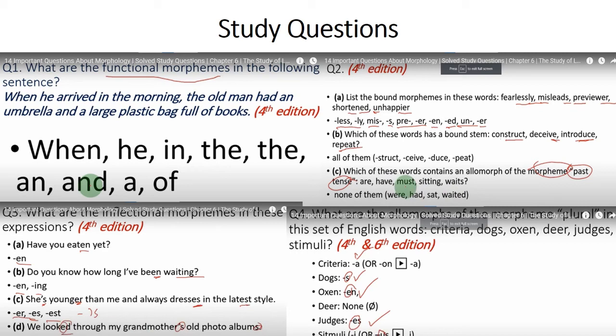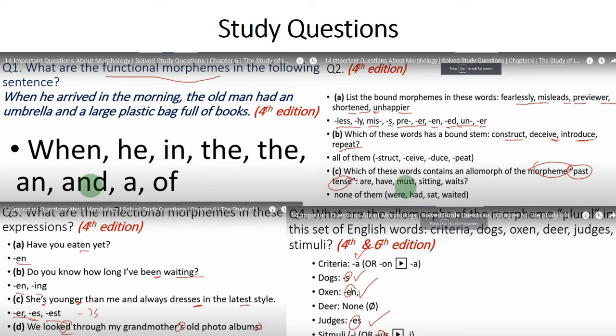And also there is another morpheme here, apostrophe s in she's. Part D. We looked through my grandmother's old photo albums. So in this there are three morphemes, ed in the word looked, apostrophe s in grandmother's, and s in the word albums.